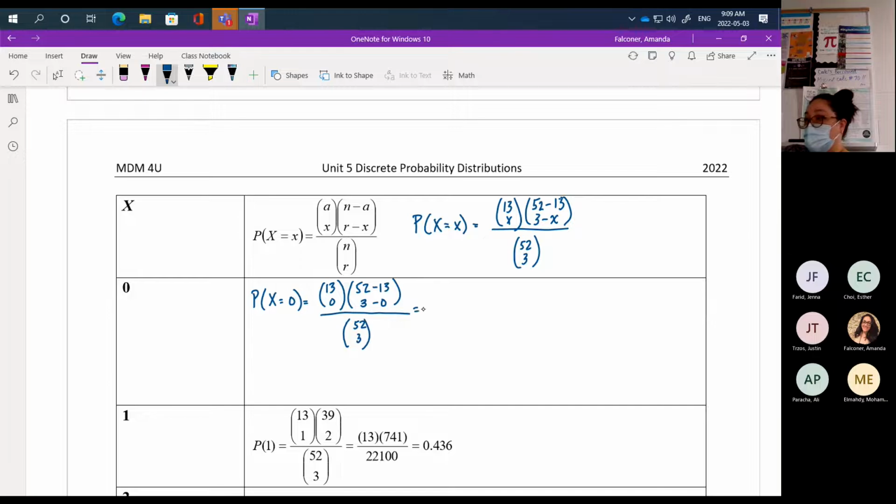I'm just going to work across because it just works better for space. So we're at 13 choose 0. We subtract within each component of the combination first before figuring out what that combination is equal to. So it's 39 choose 3 over 52 choose 3.